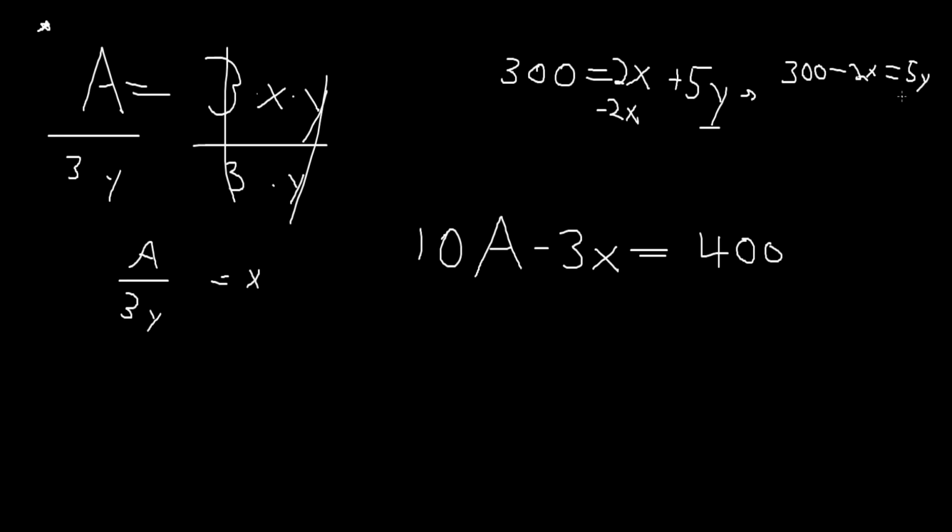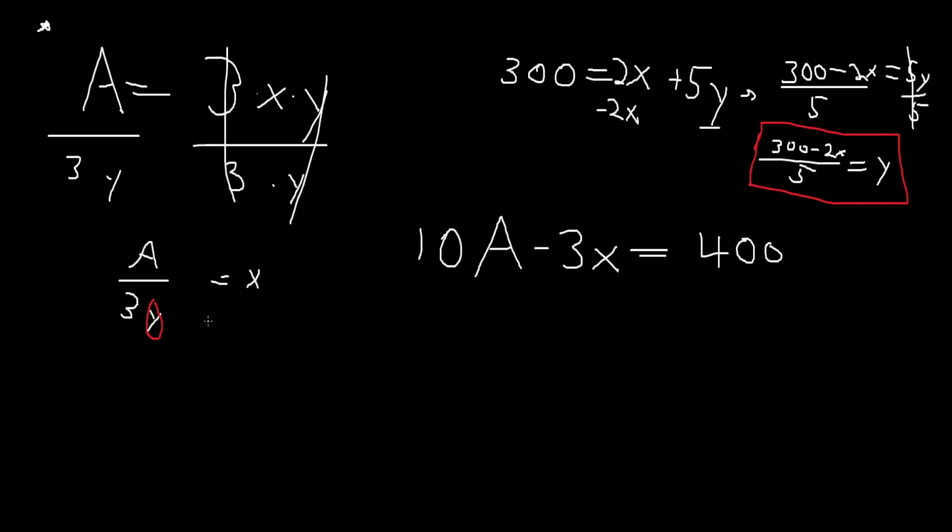Now the opposite of times is divide, so we divide by 5 and divide the other side by 5. So now we know that y is equal to 300 minus 2x over 5. We're going to keep that information in mind because now we can change y so that it's strictly in terms of x's.